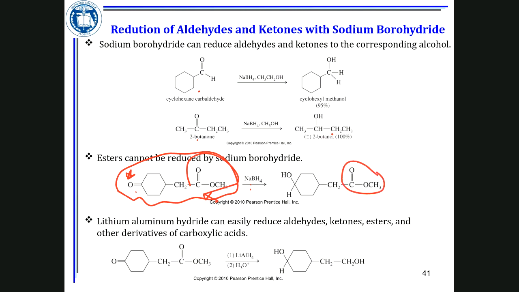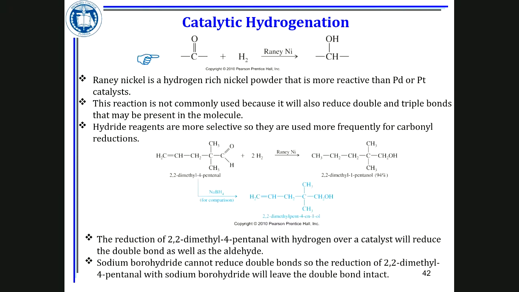What happens if you add lithium aluminum hydride? It is going to reduce the ketone to secondary alcohol, and it will reduce the ester functional group to primary alcohol. So it will reduce both of them. So sodium borohydride is more selective, making primary from aldehyde and secondary from ketone, but lithium aluminum hydride, because it's a strong reducing agent, is not selective.